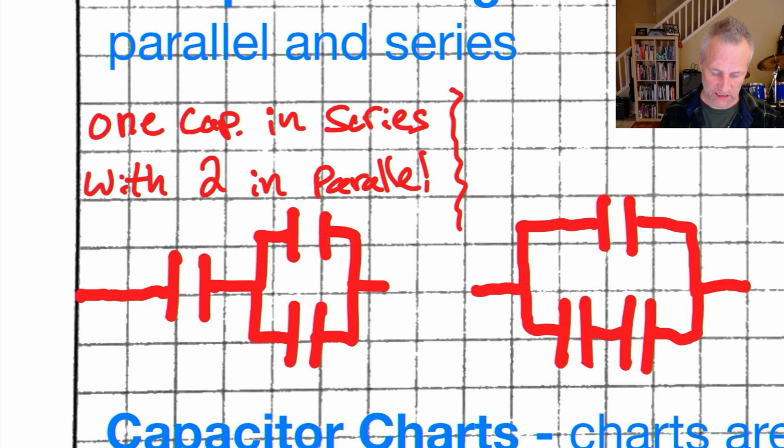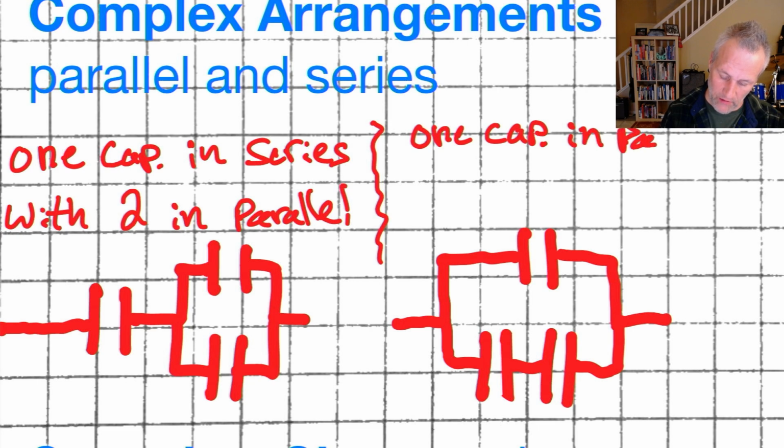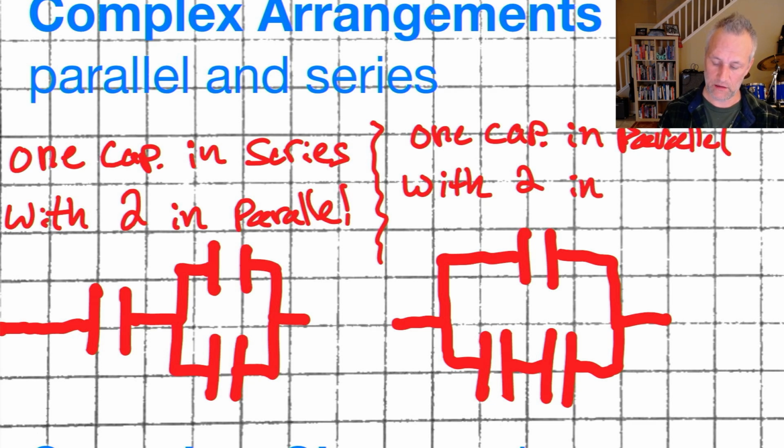For the second example here, I would say that I have one capacitor in parallel with two in series. That top one is in parallel with the bottom two, which are in series with each other.